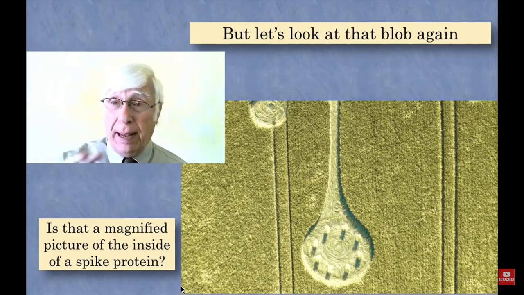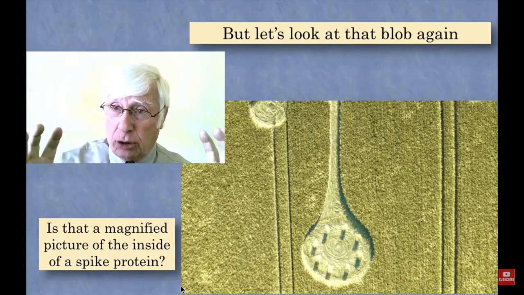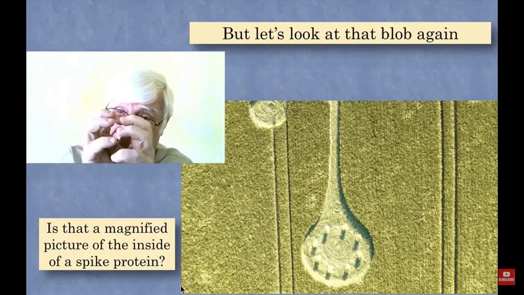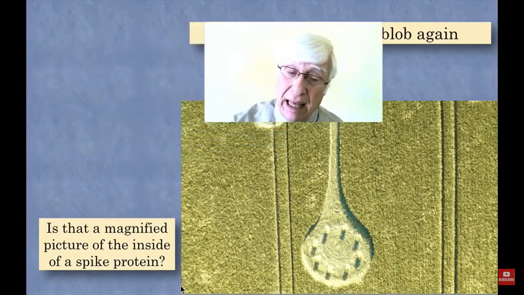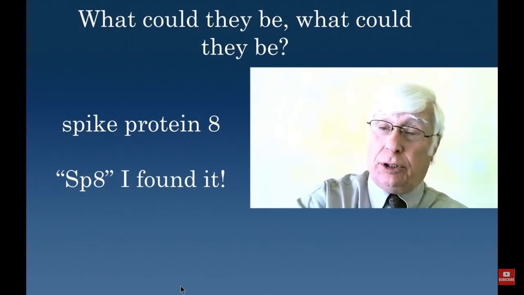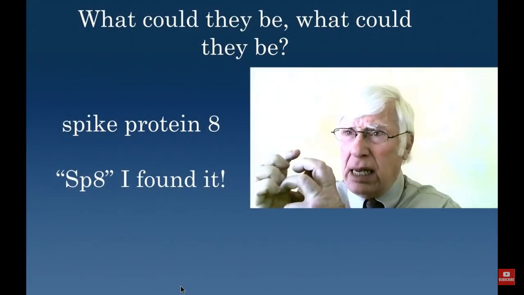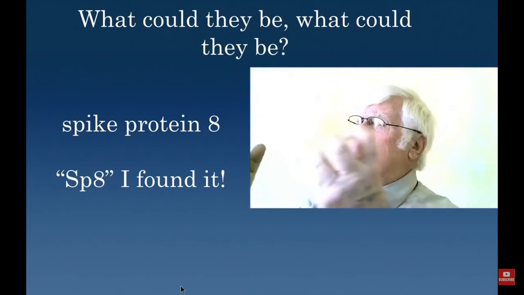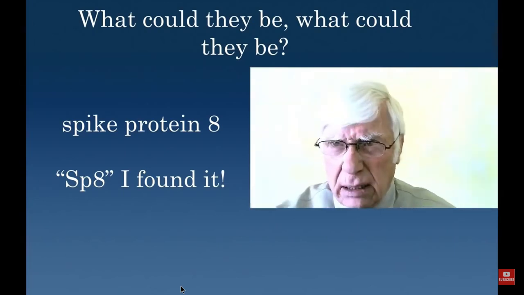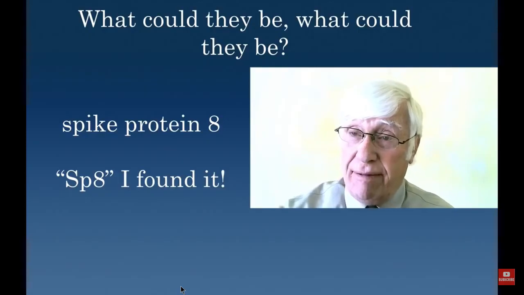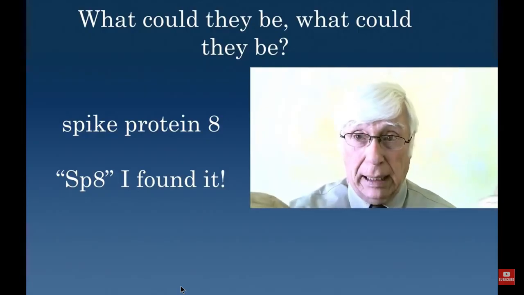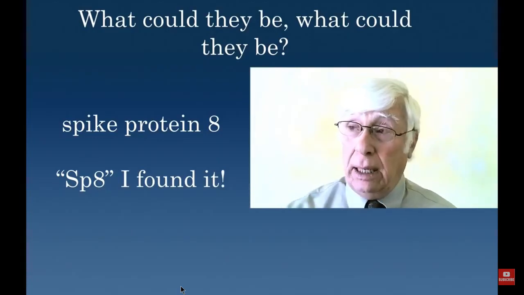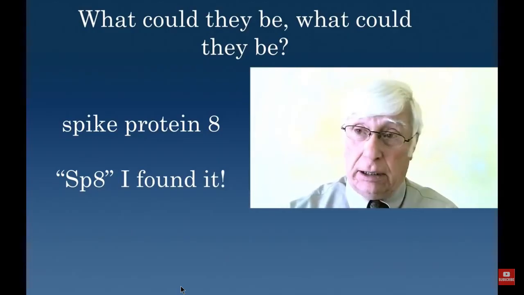That's the only spike protein in this crop circle where you can see inside. So you can see inside 8 little things. Started reading literature, spike protein 8, something with 8. And actually I found in the literature SP8, spike protein 8. And I said, oh my God, I've got a discovery here.